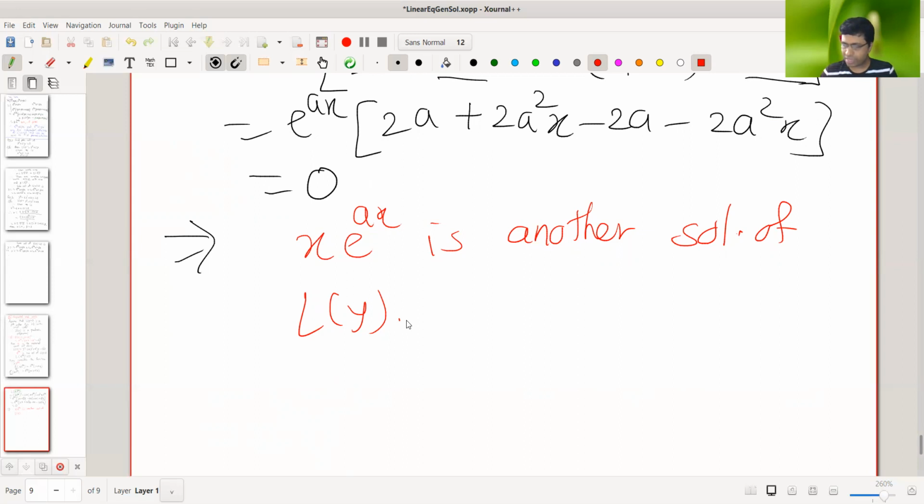We can check this by using the Wronskian. One way is to find the Wronskian and check whether it is non-zero at some point. Okay, if it is non-zero at some point, then it will be non-zero on the domain.